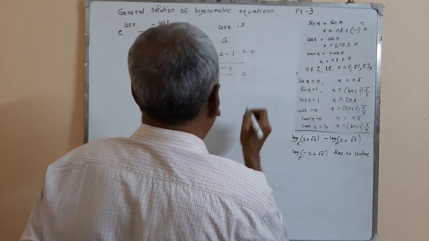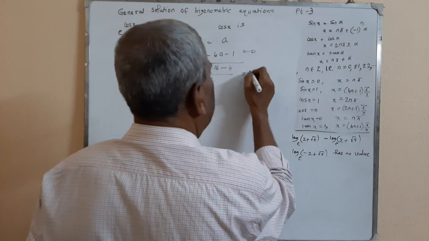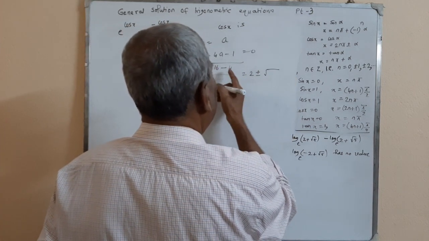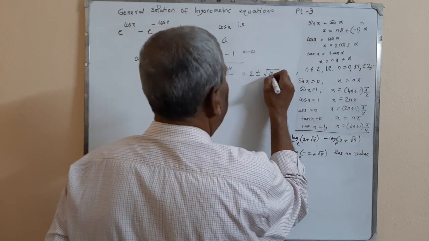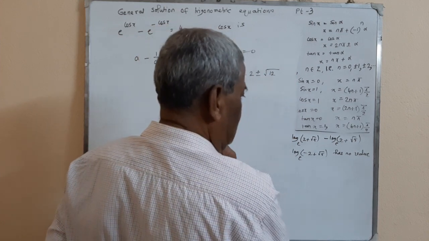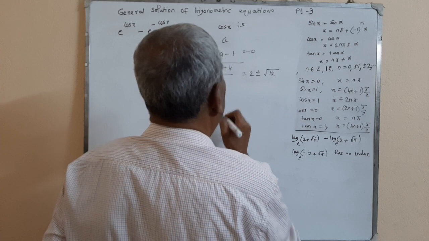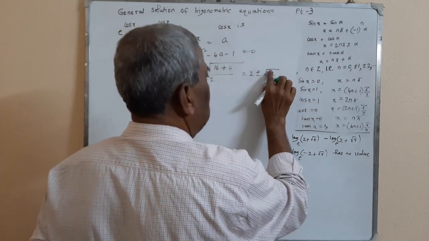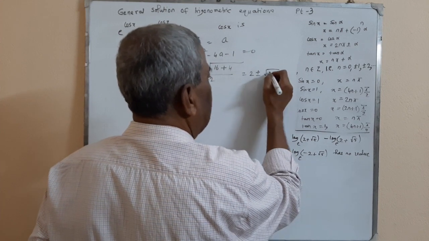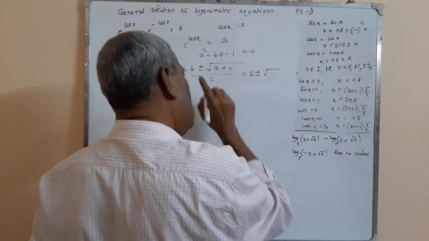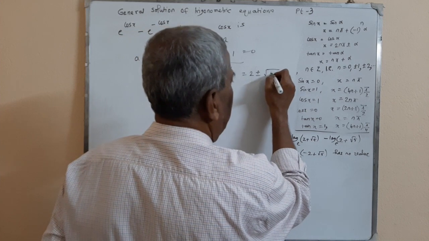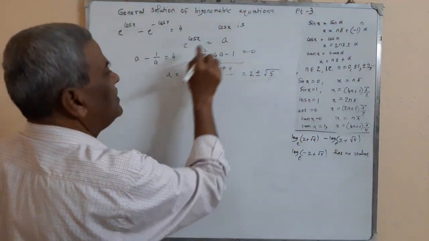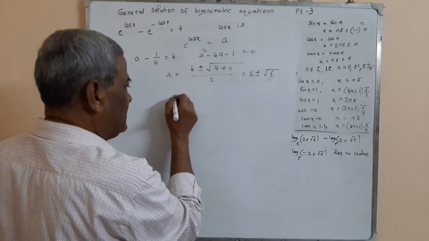So that is equal to, 2 can be cancelled, 2 plus minus root over 20 divided by 2, so 2 plus minus root 5. That's all. A means e to the power cos x.